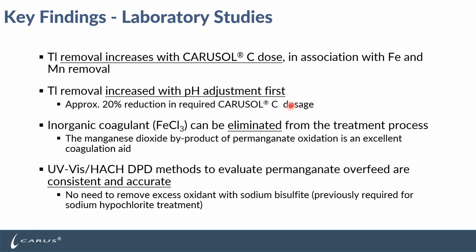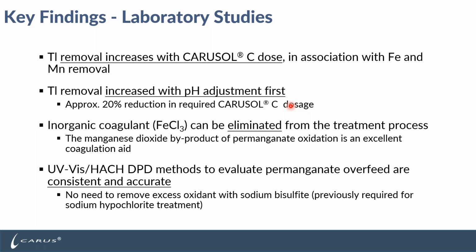So to summarize the major findings from our laboratory studies: thallium removal increases with carousel seed dose, as you would expect, along with iron and manganese removal. Thallium removal efficiency can be increased by using pH adjustment before adding the oxidant. Ferric chloride coagulant addition can be eliminated from the treatment process because that manganese dioxide byproduct provides an excellent in situ coagulation aid.